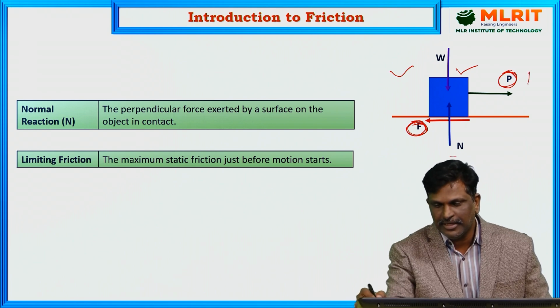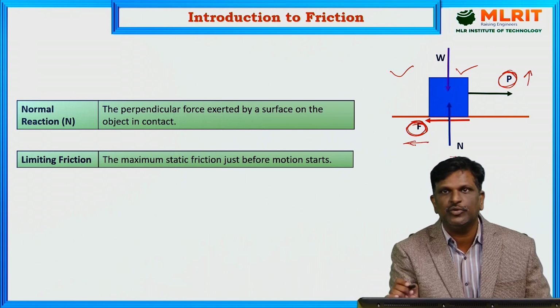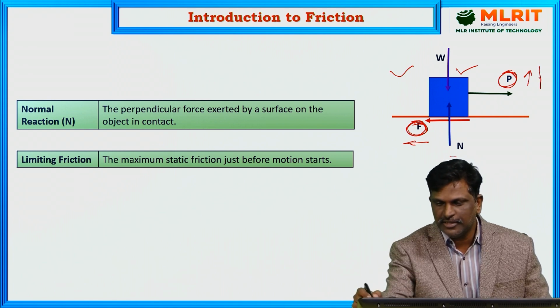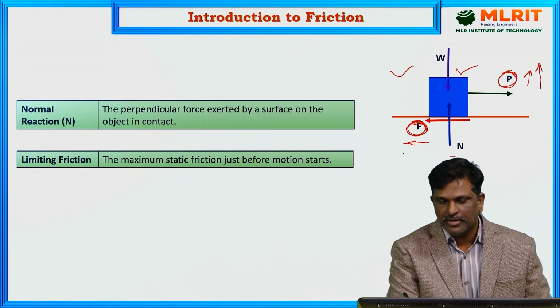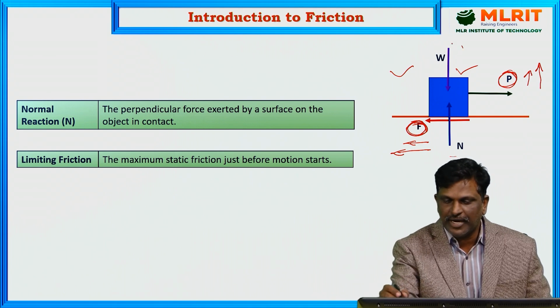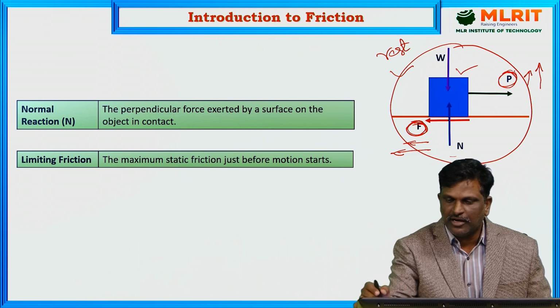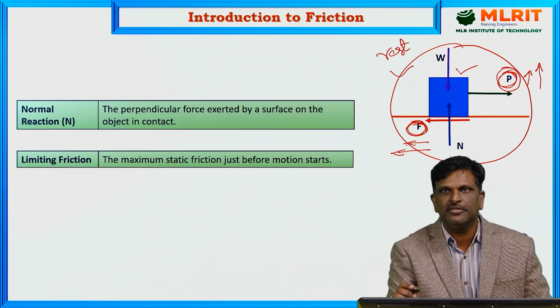Now, slightly increase the force P, the friction at the contact surface also increases, and further increase the force P, then friction again increases and the body remains at rest till the applied force P overcomes friction.